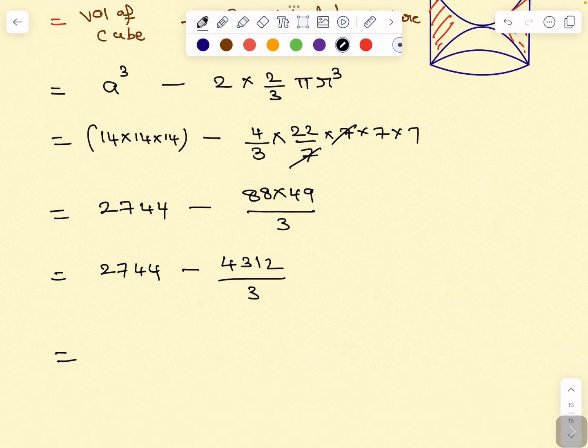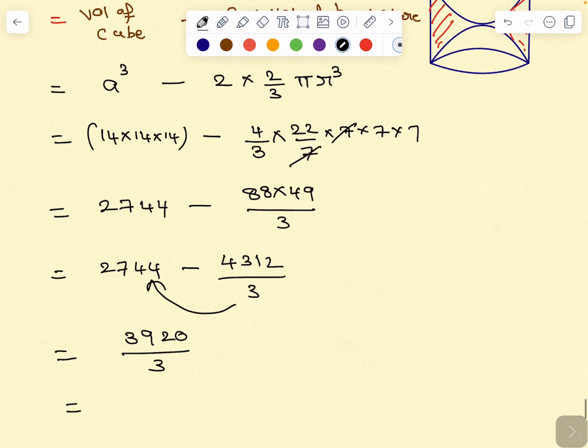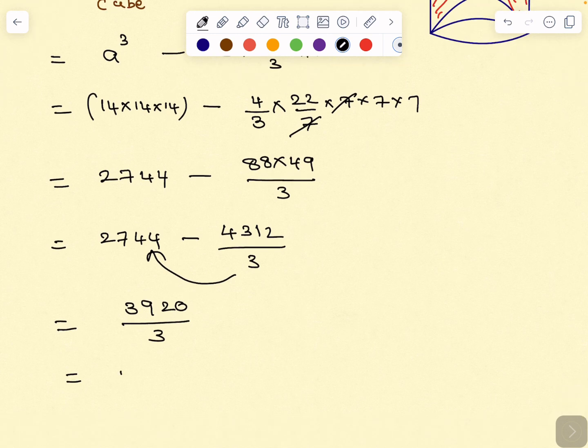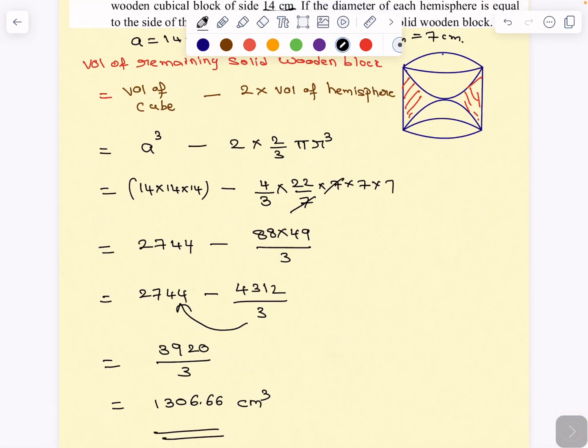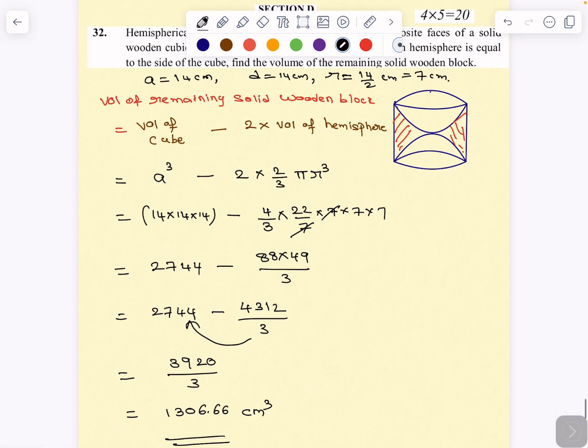When you do this calculation you will get 3 into 2744 minus 4312, which gives 3920 by 3. When you divide by 3 you will get 1306.66 centimeter cube, and this is the volume of the remaining solid wooden block. Is it clear, everyone? Okay.